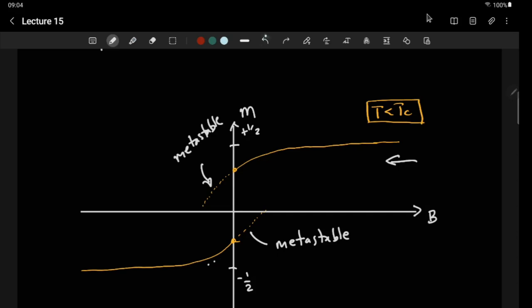I'm not proving stability, metastability, etc., but we'll see how to get to that. We may not dot every i and cross every t, but maybe I'll put that in an assignment. Any questions regarding this picture, because this is an important picture? Is everything clear about it?